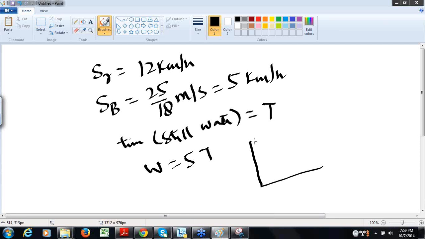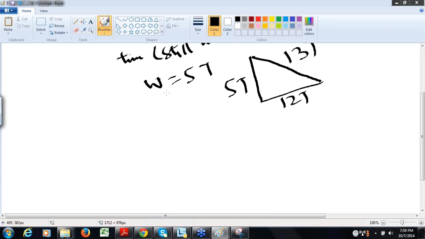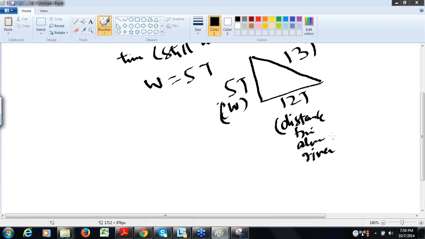So it will be what? 5t, 12t. It will be what? 13t. This is the width of the river, distance traveled along the river. This will be the effective distance, 13t.